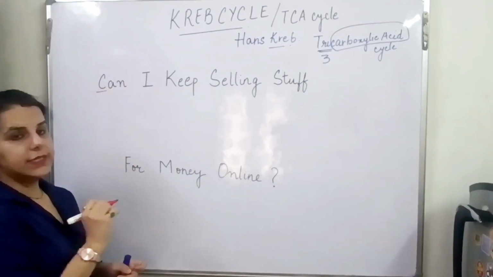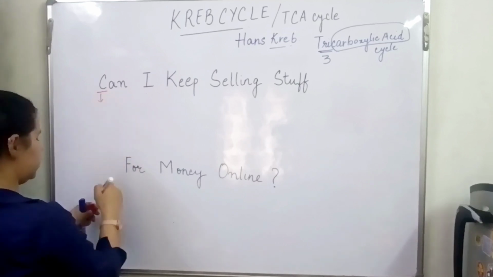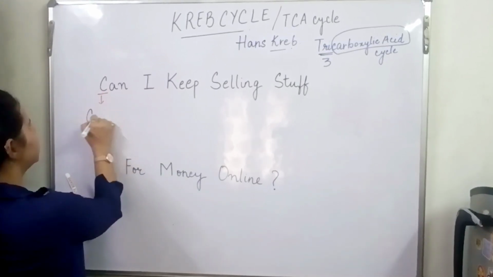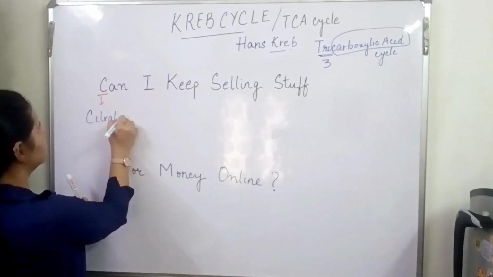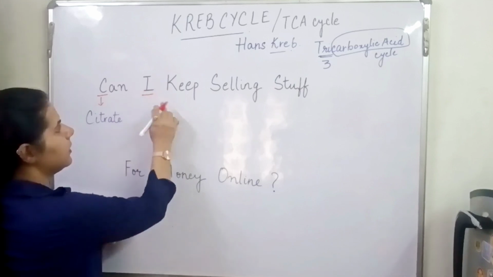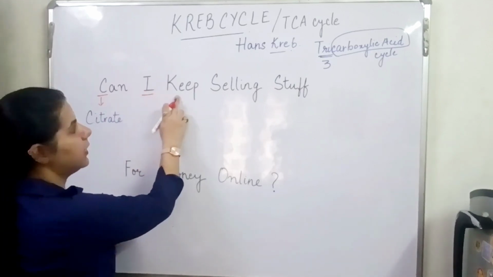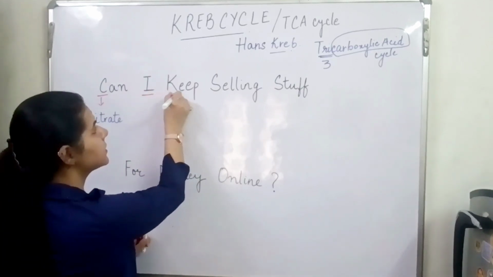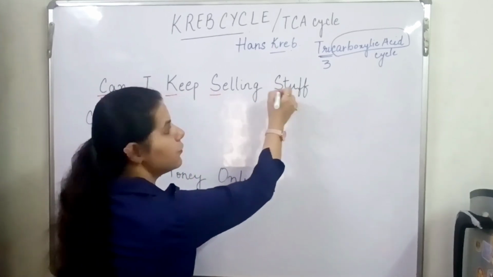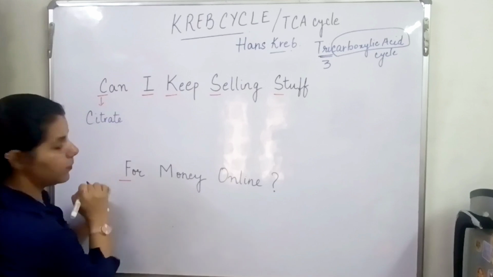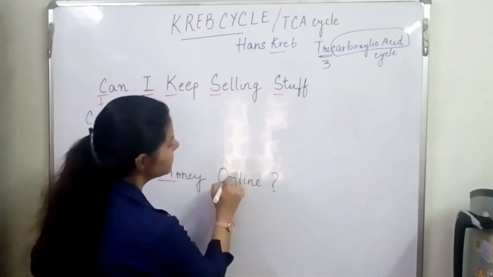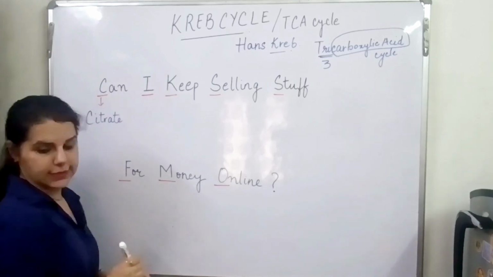The first letter is C. It stands for citrate. Then we have I for isocitrate, K for alpha ketoglutarate, S for succinyl coenzyme A, this S for succinate, this F for fumarate, this M for malate, and this O for oxaloacetic acid.